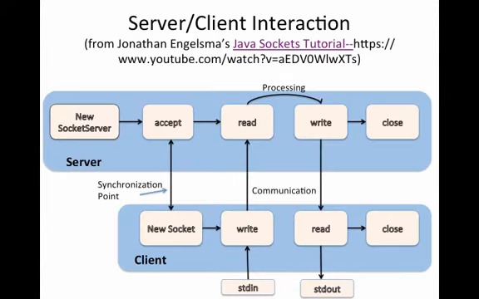This slide shows the typical interaction between a server and a client. The server begins by creating a new socket server object, and we'll talk about that in a moment. The client then establishes a connection by creating a new socket in its program.